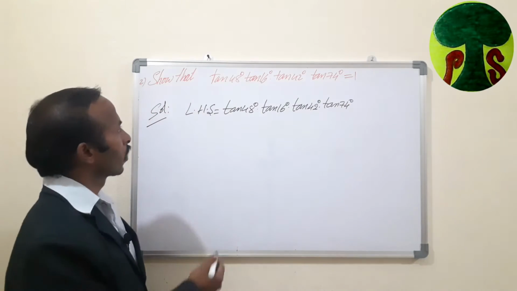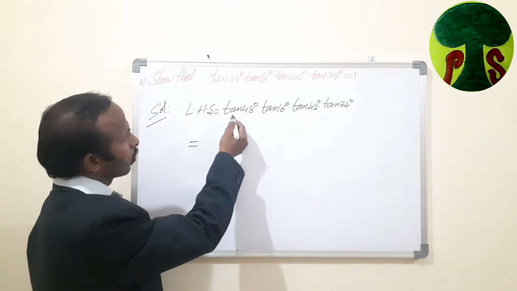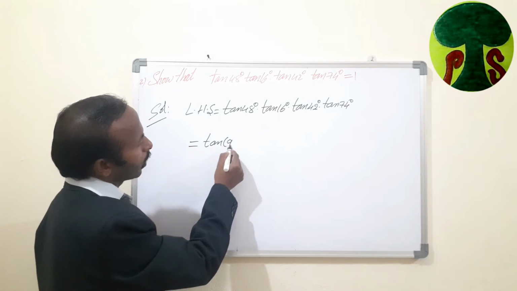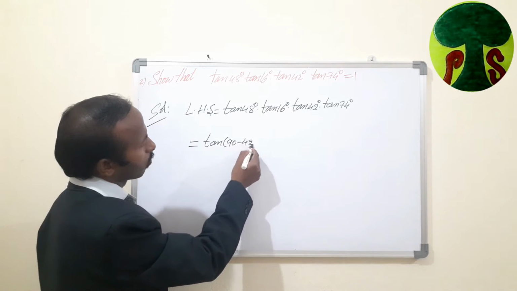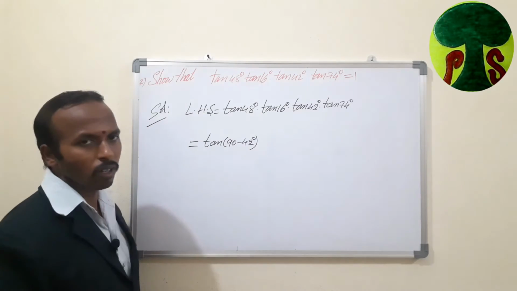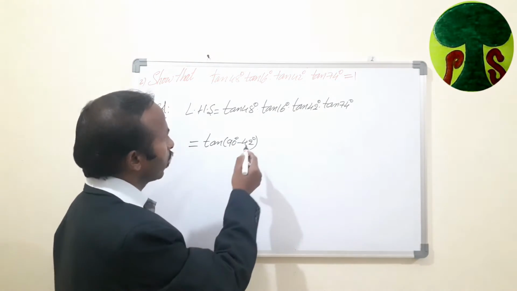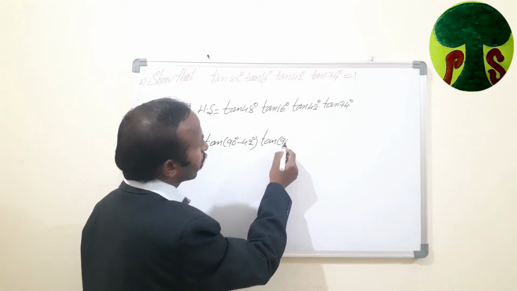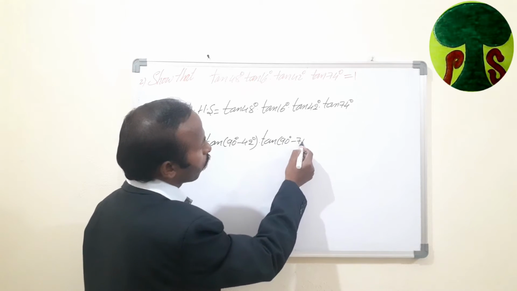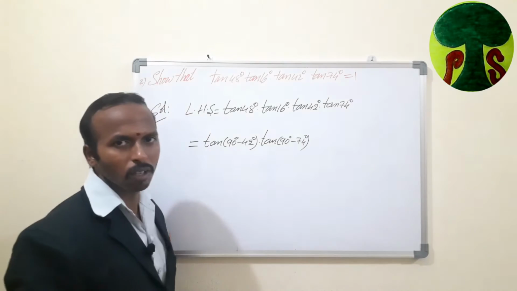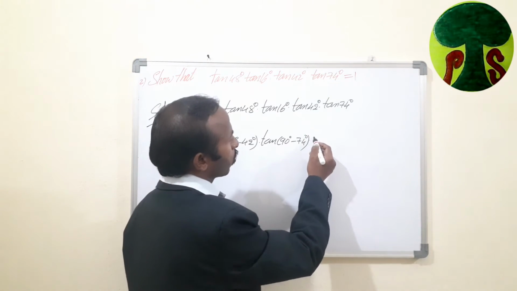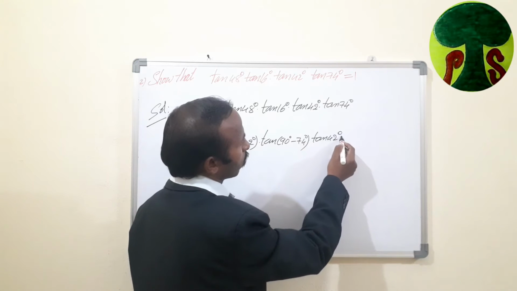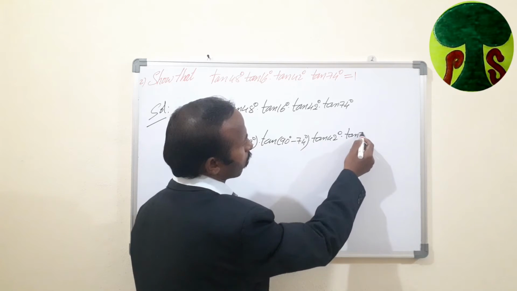Now tan 48 we can express as tan of 90 minus 42 degrees. Now we can write tan 16 as tan of 90 degrees minus 74 degrees. Next tan 42 degrees into tan 74 degrees.